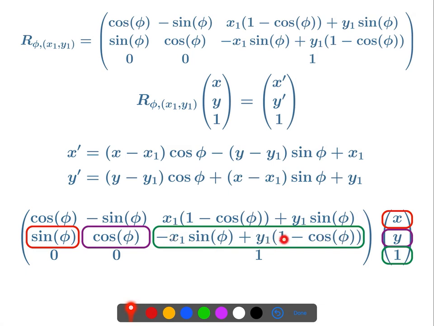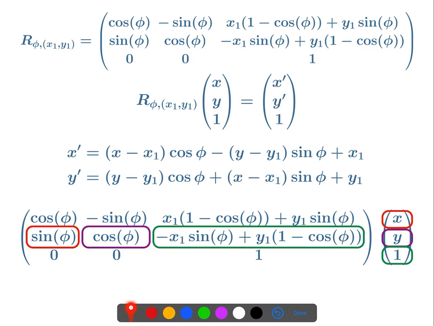So again, the y1 times 1 is at the end here for y prime. We have a minus x1 sine phi coming from here, minus x1 sine phi. And we have a y1 times minus cosine phi coming from here, the minus y1 cosine of phi. So when I take this vector and dot it with this vector, I do get y prime, and that comes out just like we want it.